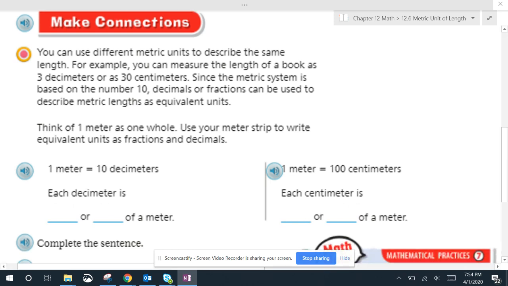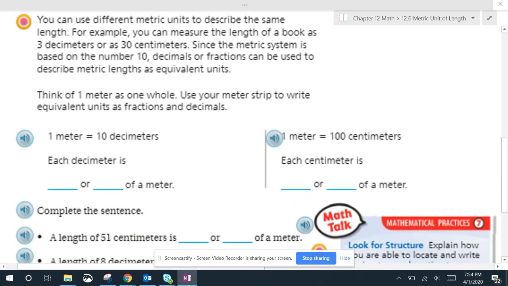So think of our 1 meter as a whole. Use your meter strip to write down the equivalent units. We know that 1 meter is equal to 10 decimeters, which means that each decimeter is 1/10 as a fraction, or 0.1 written as a decimal, of a meter.